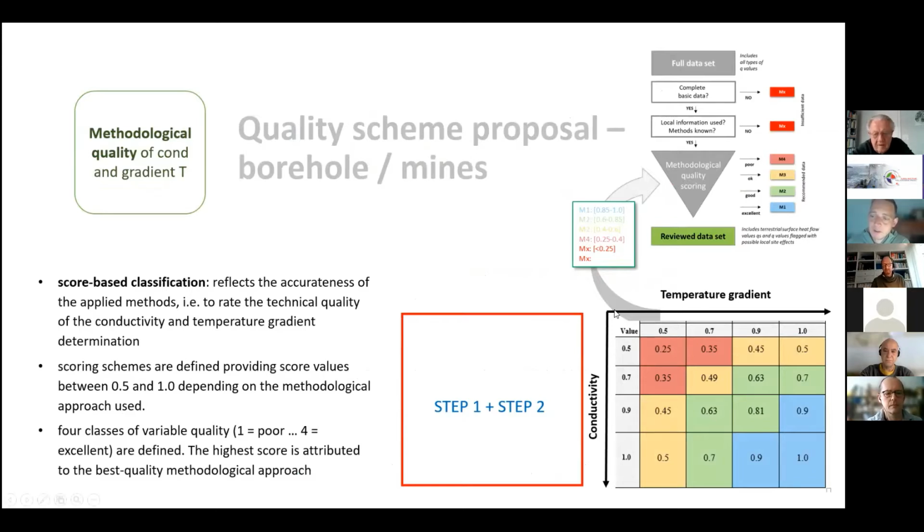So the basic idea was to have the dimension of the temperature gradient and the dimension of the thermal conductivity, and there must be a kind of rating which gives rating values in both dimensions, and then one can come up with a kind of matrix to determine how to classify those matrix values into a scheme of probably 4 classes or similar, which then reflects somehow the quality. So that was the basic idea.